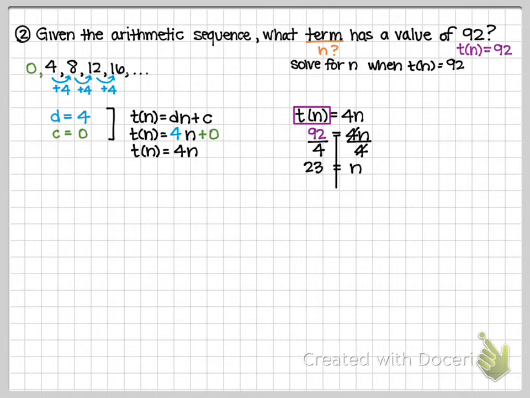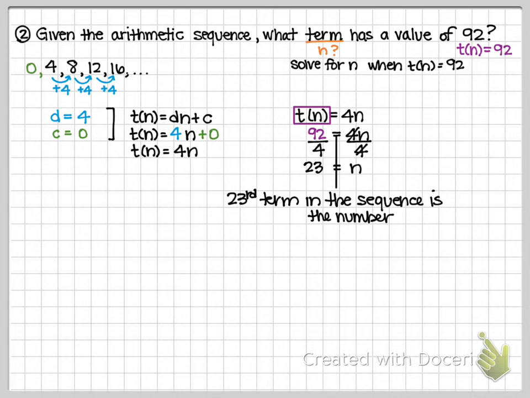So basically, I would say that the 23rd term in the sequence is the number 92.